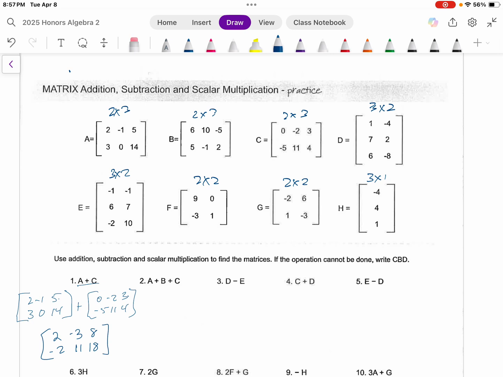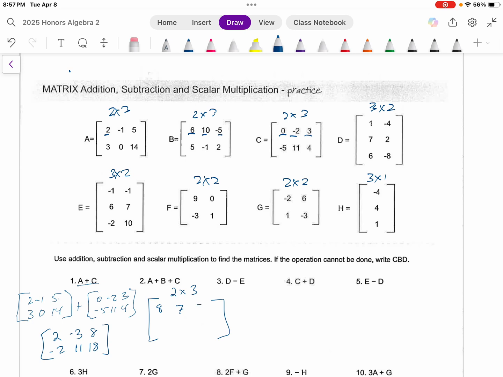And then now, this one here, I'm not going to be able to squeeze all of it on there, so I'm going to just do the answers. My answer is going to be a 2 by 3 matrix. And I'm just going to carefully add up. 2 plus 6 plus 0 is 8. -1 plus 10 is 9. Plus a -2 would be 7. 5 minus 5 is 0.